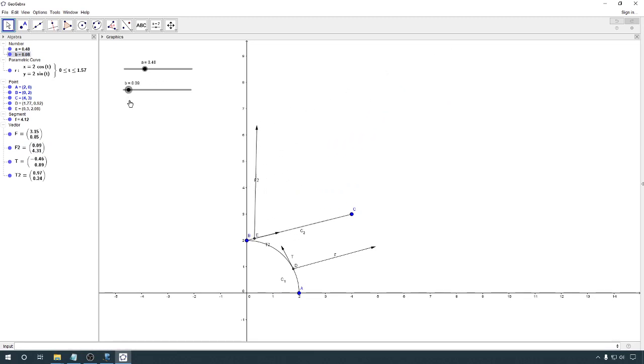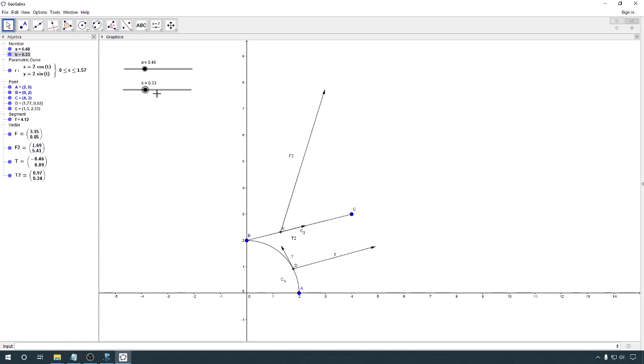So as we move along that line, the actual vectors in the vector field are changing in that way. And we're essentially adding up all of the dot products between these two.